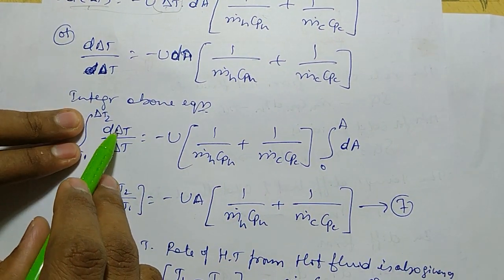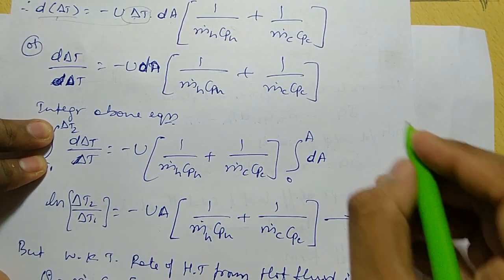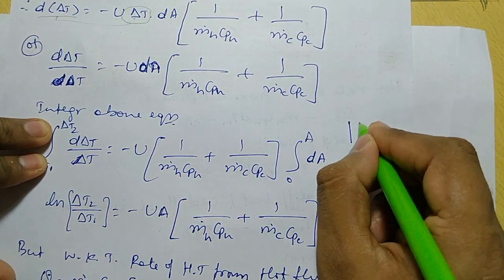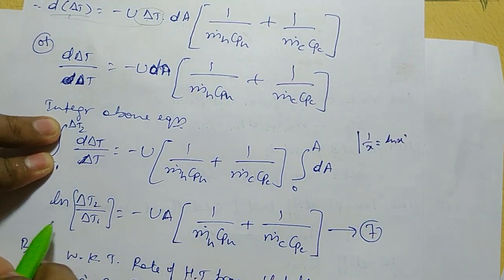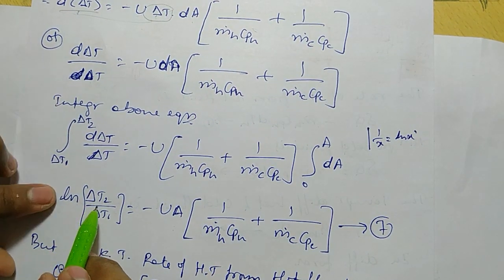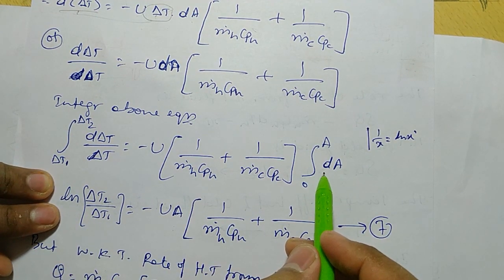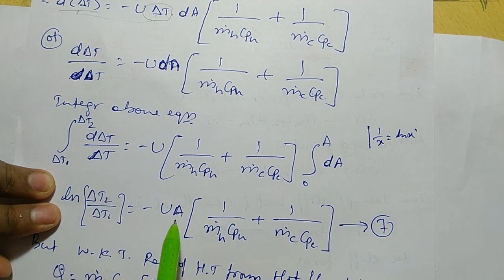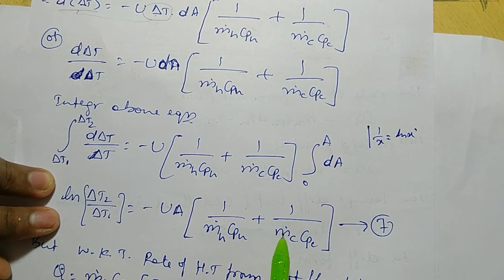Integration of 1 over delta t is ln delta t, like 1 over x is ln x. By substituting the limits, you get ln delta T2 divided by delta T1. Integration of dA from 0 to A is A. This is the constant term, so in the same way I substitute here.